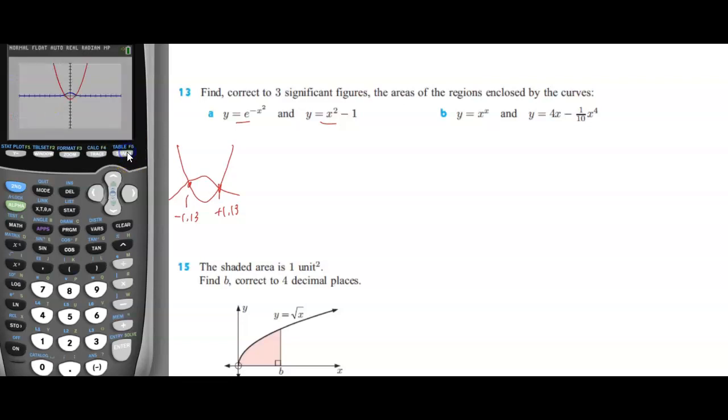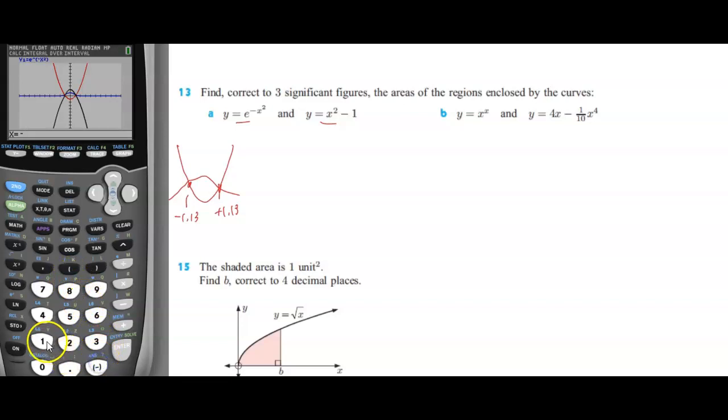Now when we graph it, the third function is going to look kind of weird. It'll be like a function which is the blue function minus the red function. So it's this black function here. I can find the area between the blue and the red function by integrating underneath the black function. So I'm going to do second calc, integrate, 7, and put in my limits.